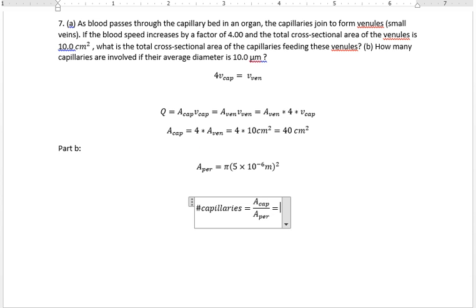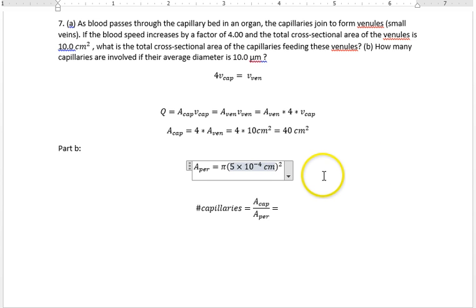All right, so 40 square centimeters. I'm going to change this for ease. I'm going to change this to 5 times 10 to the minus 4 centimeters, because a meter is 100 centimeters, so that we don't have to worry about units here.